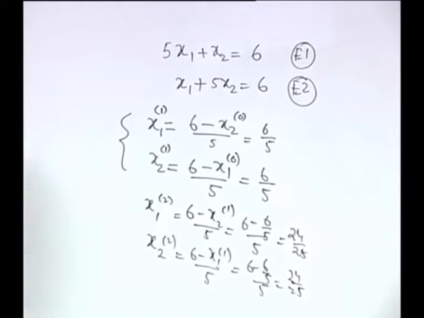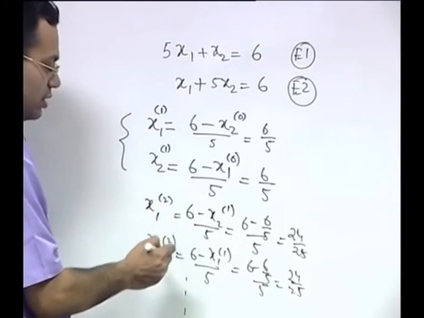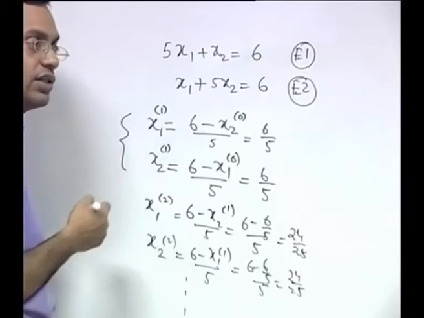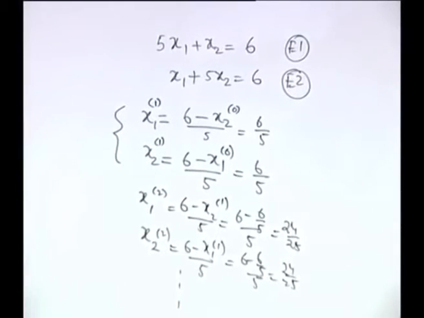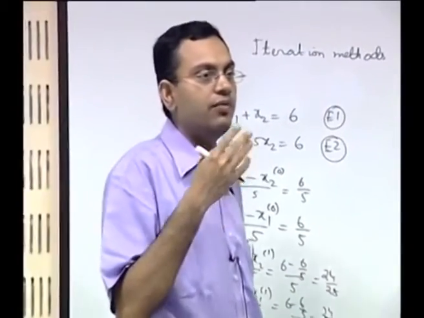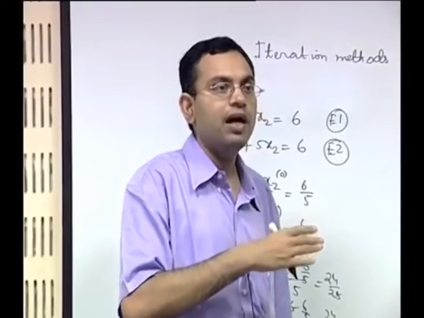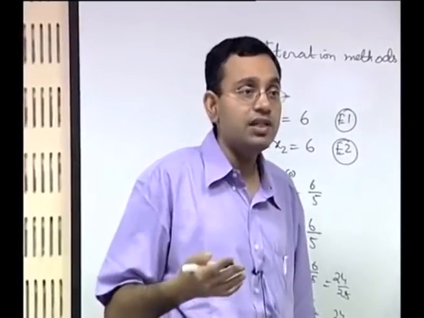In this way, if you do a few steps, you will see that x1 and x2 are converging to 1 and 1. And you declare convergence when the difference in results between the previous step and the present step does not vary substantially. Now what is that substantial?